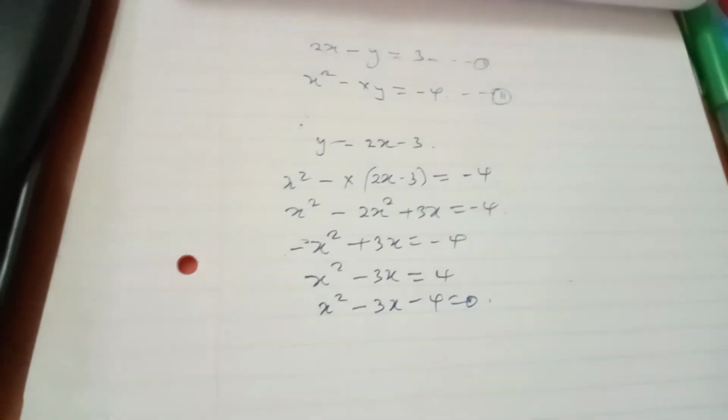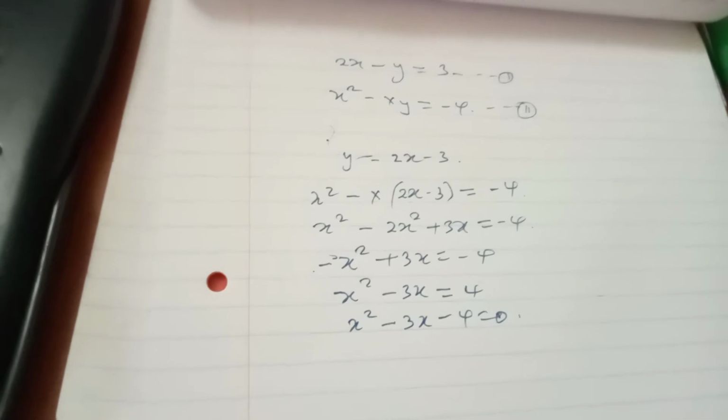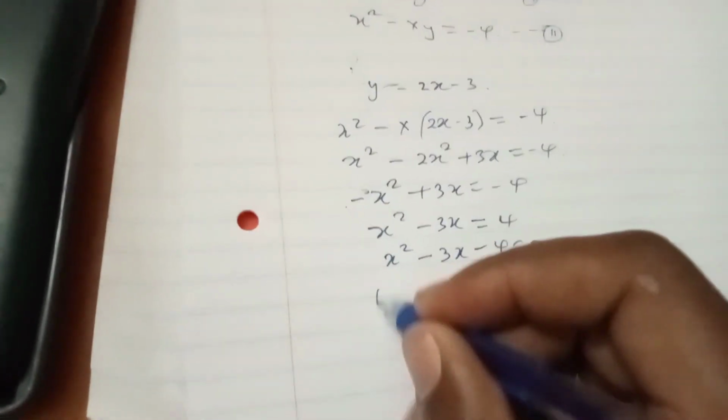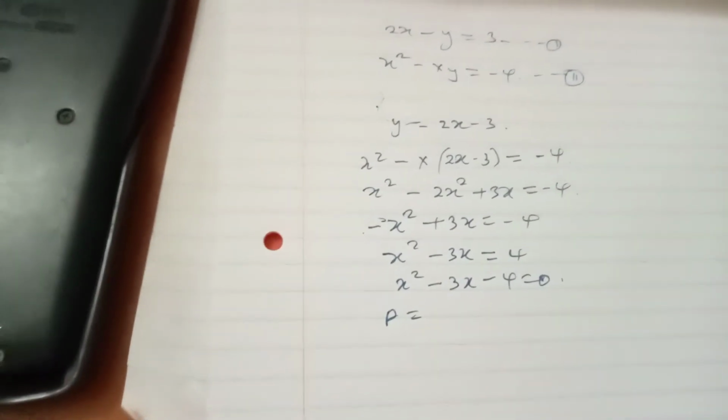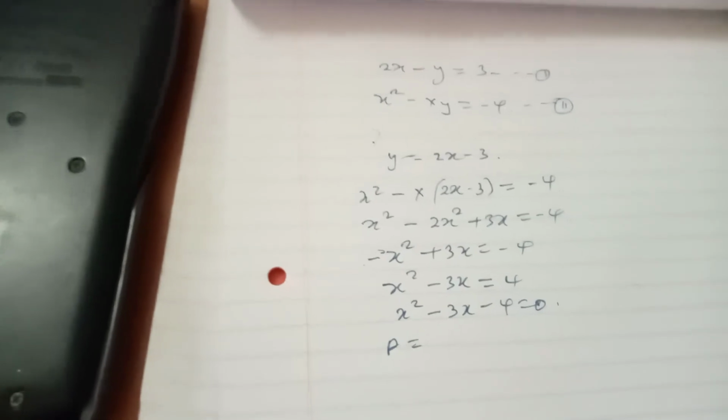So with that, I think we can now start to solve the quadratic equation. So maybe very quickly, the product is negative 4 and the sum is negative 3.